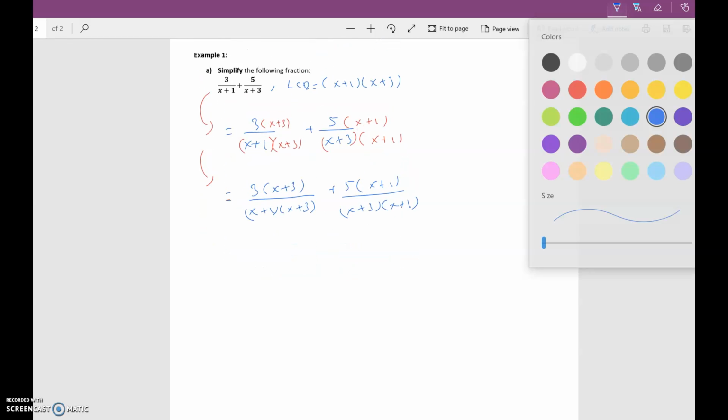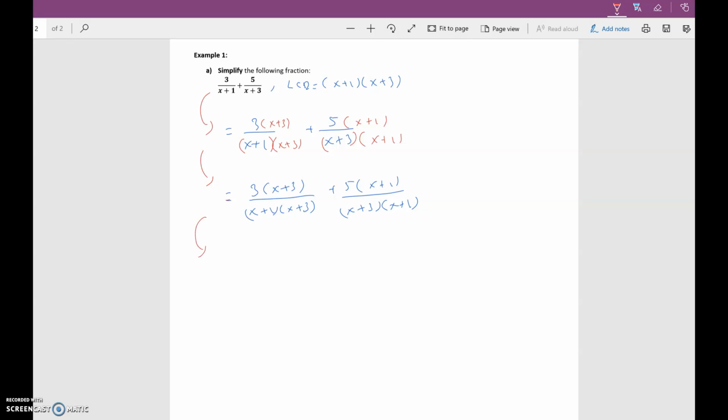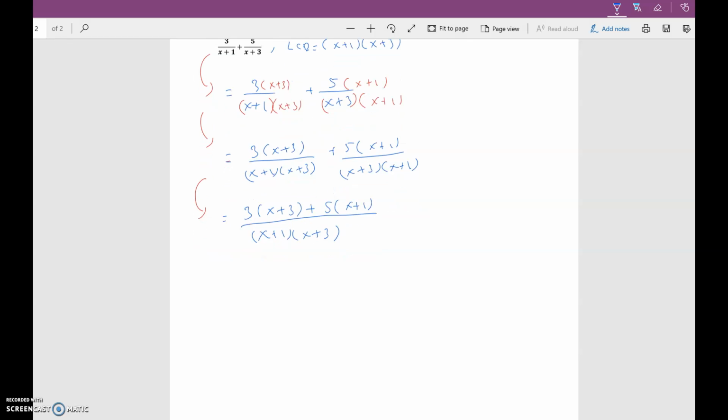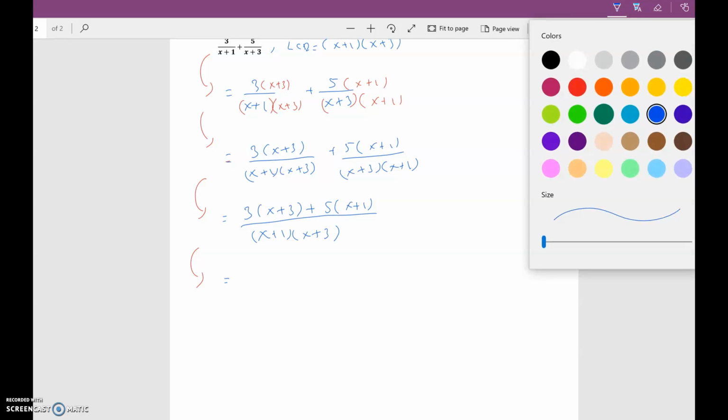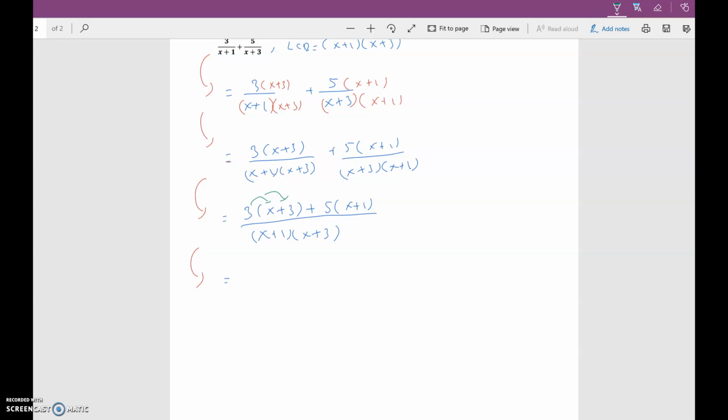Now, remember that the main idea when we're simplifying fractions is expressing them as a single one. So in this case, we're going to have 3 times x plus 3 plus 5 times x plus 1 over x plus 1 times x plus 3. Our final solution will have the numerator completely simplified. In this case, you can distribute the 3 times those 2 and the 5 times those 2.